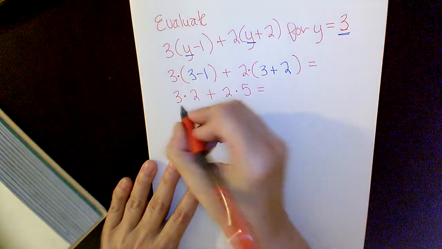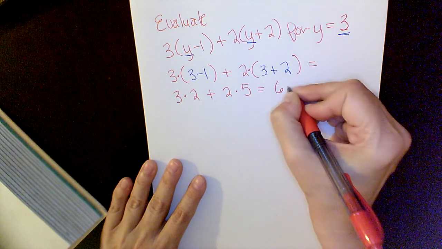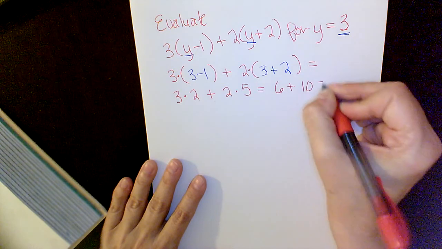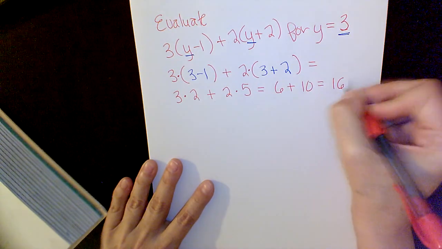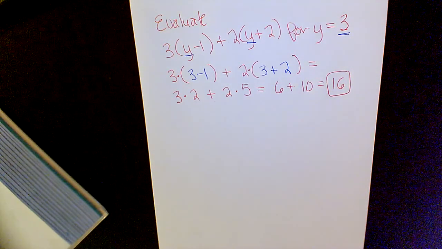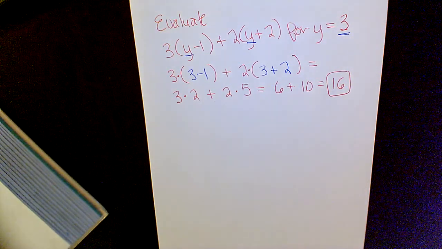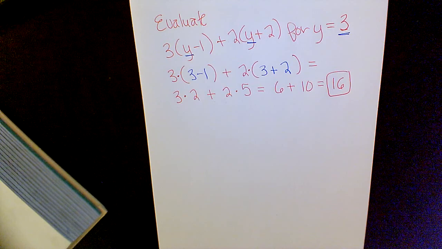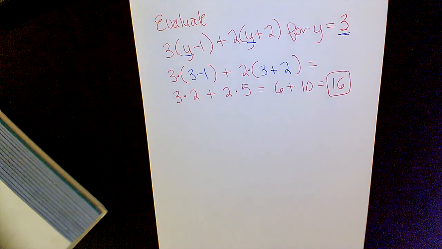So 3 times 2 is 6, plus 10, 6 and 10 is 16 is my final answer. Yep, that's right.